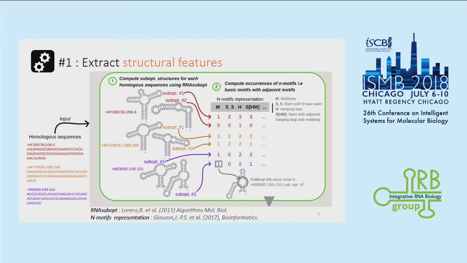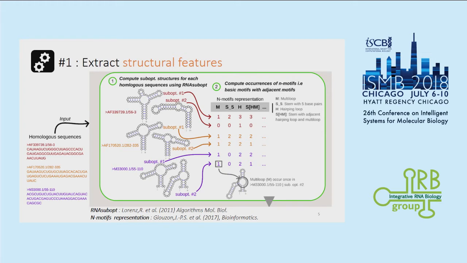We also consider the neighbors of each motif. For instance, we consider a stem with the hairpin and the multi-loop, which are the neighbors of this stem. So here, as a result, we have the feature vectors from the suboptimal structures.